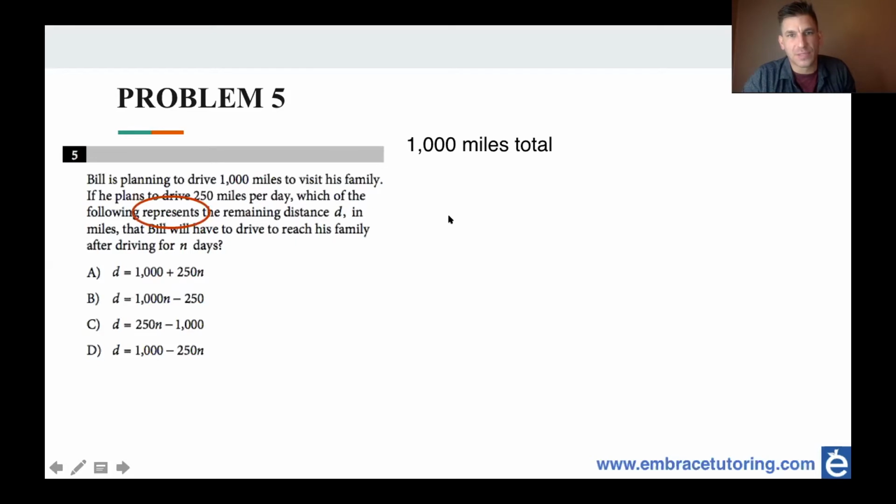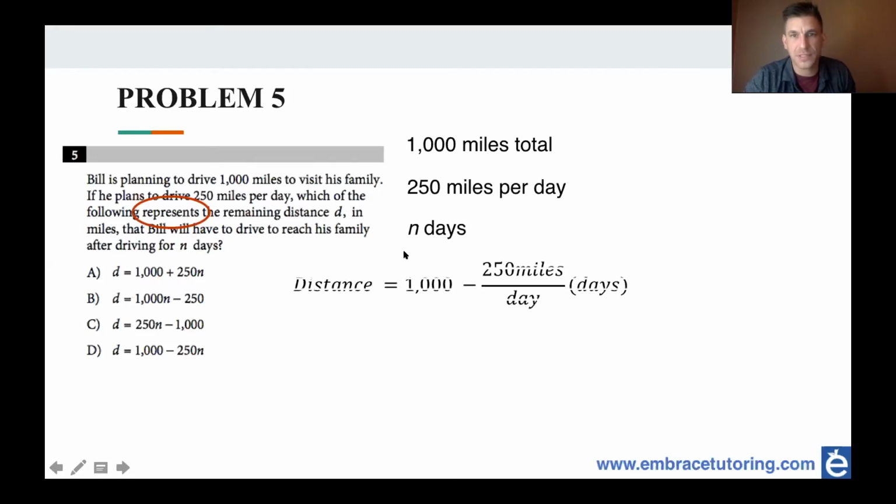Now, 1,000 miles total, 250 miles per day, that's your rate, N days. The distance is then going to be, and pay attention to this, 1,000 miles minus 250 miles per day times N days. So this is going to be 250 M over D times N, because N is in units of D. Now, what would happen here is that my units would cancel, my days and my days.